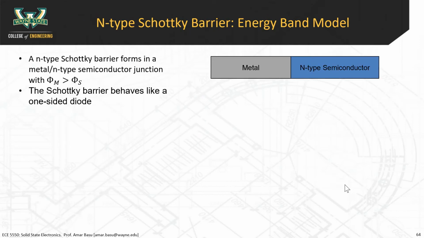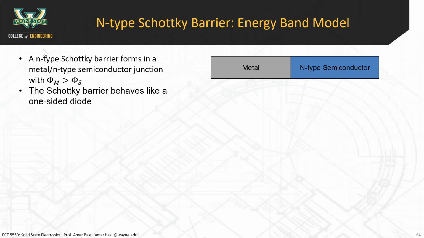So this is an N-type Schottky barrier. This is one of the 4 types of possibilities that we're going to talk about. The 4 possibilities originate from what type of metal semiconductor junction it is. Meaning, do you have an N-type or P-type semiconductor with the metal? That's the first question. So there's 2 possibilities there: N-type or P-type.